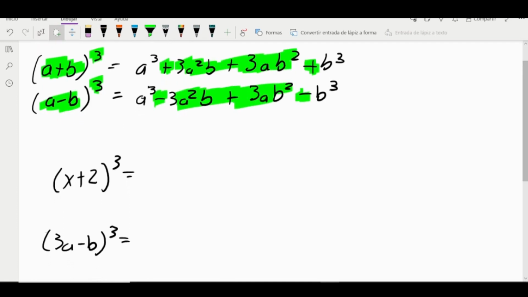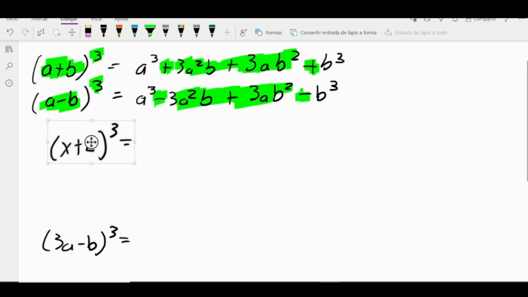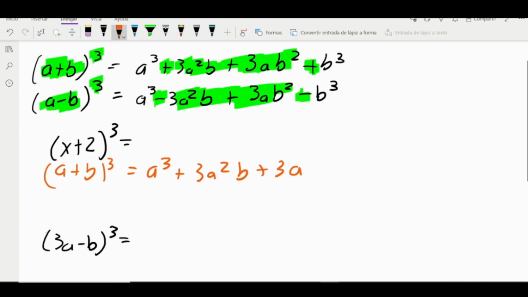For example, in the first situation, we have an addition: x plus 2 to the cube. Here, we say this is a, this is b, obviously it's the addition, and this is the cube. So if we copy the formula, it is a cubed plus 3 times a squared times b plus 3 times a times b squared plus b to the cube.